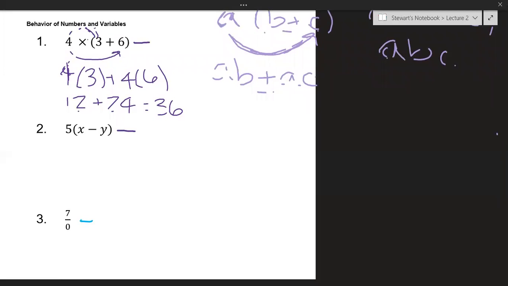So for this one, you multiply the 5 to the x, and then the 5 to the y, and you move this subtraction symbol down in between them. So you'd end up with 5 times x minus 5 times y. And that'd be your final answer for that one.